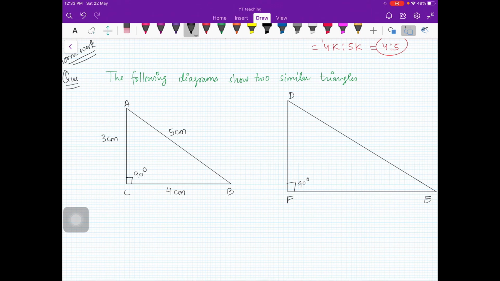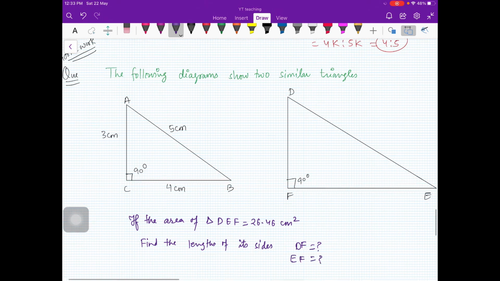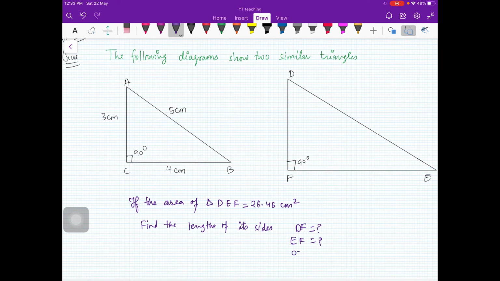If the area of triangle DEF is 26.46 centimeter square. Okay, so find the length of its sides. So you have to tell me what is GF, what is EF and what is DE.